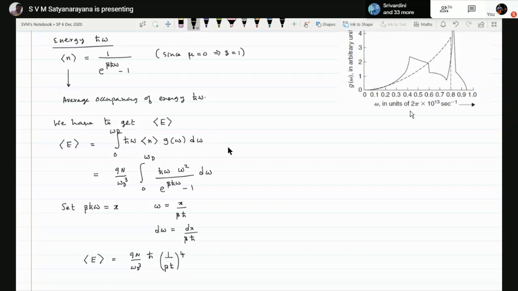And xd can be written as beta into h cross omega d.